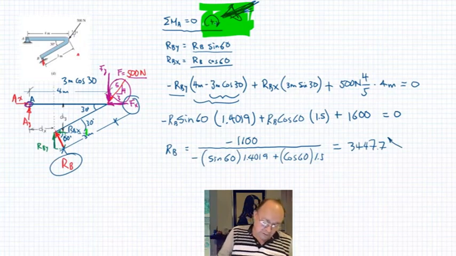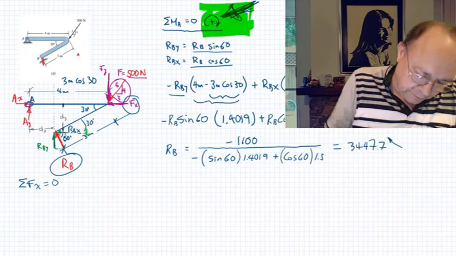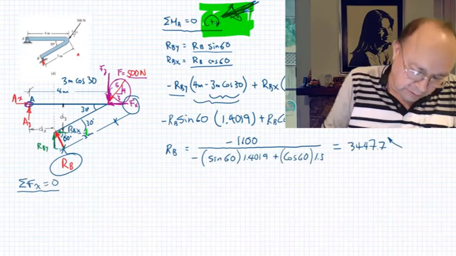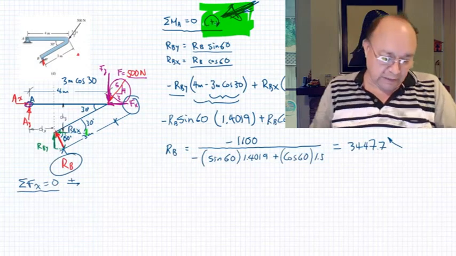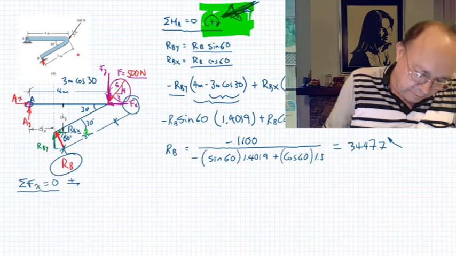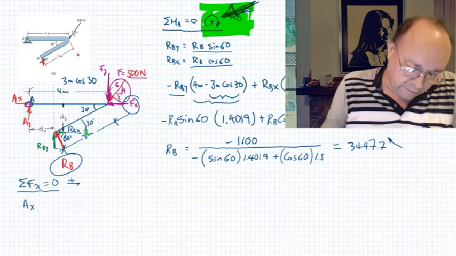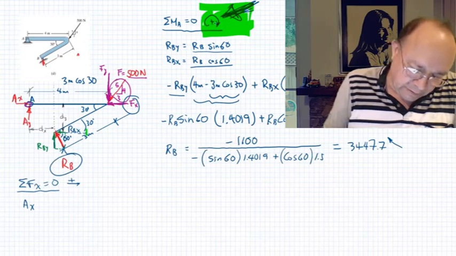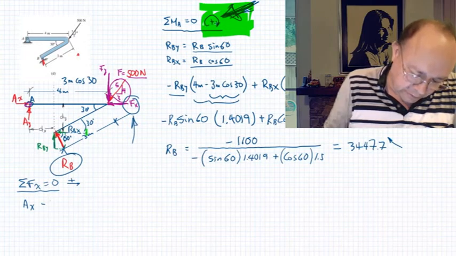Now summation of forces in the x direction. What forces have component in the x direction? I'm going to take positive in the positive sense of the x-axis. So we have positive Ax in the x direction. We have negative Fx, which is 500 times 3 over 5.